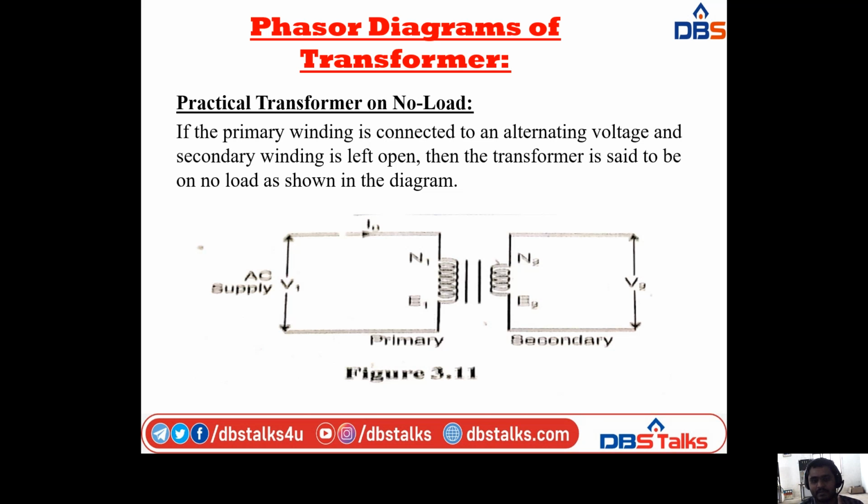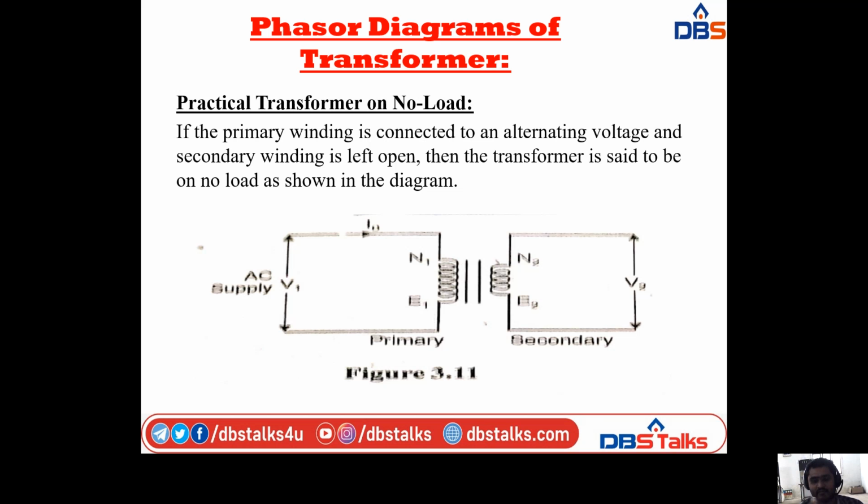In this diagram the primary winding is placed on the left side and the secondary winding is placed on the right side. We have N1 number of turns in the primary winding and N2 number of turns in the secondary winding. This primary winding is connected to the supply voltage, that is V1, and next we have the EMF, that is E1, and the current, that is the excitation current IE.